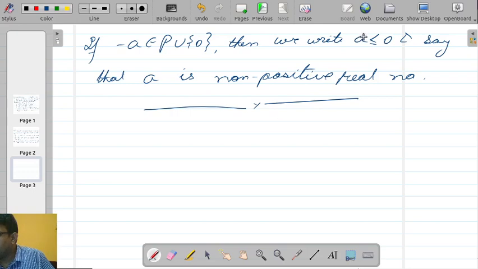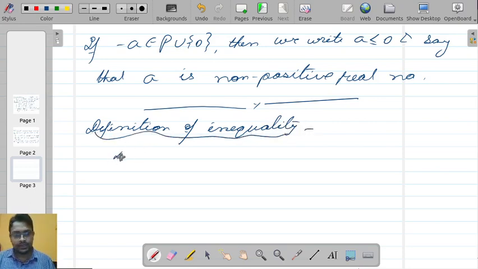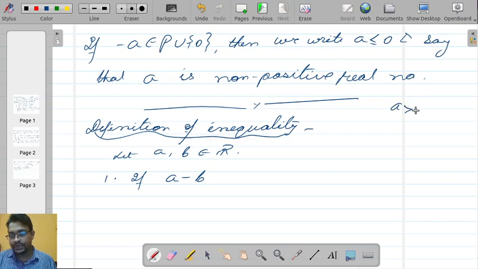Right. So now we defined the notion of inequality, the definition of the concept of inequality between two numbers. Okay, so let A comma B belong to R. Number 1, under what condition do we say A is greater than B?